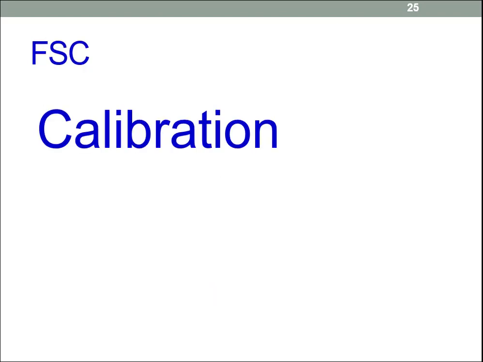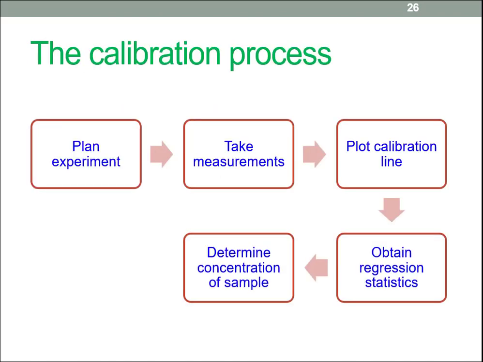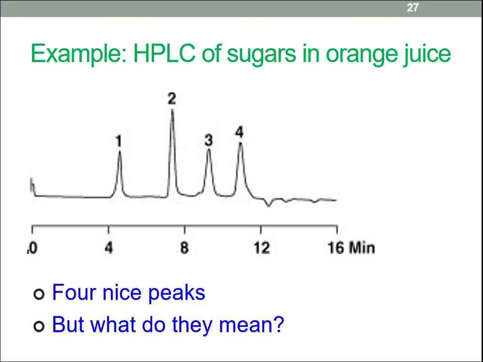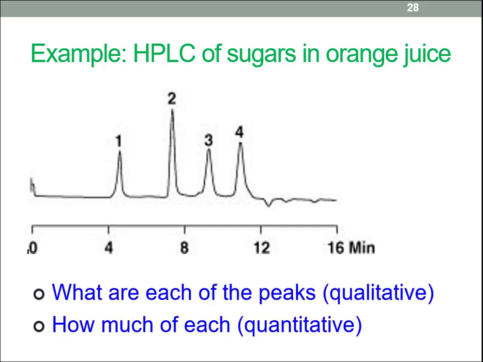Okay, so calibration. A little bit more on calibration. This is the process. As I mentioned, it should be familiar to you from previous experiments in biochemistry. Just to take a little walk through it, here is a typical HPLC result for sugars in orange juice. The peaks, we don't know what they are as they stand, as they've come off the machine. In order to find out what they are, we need to run some standards.